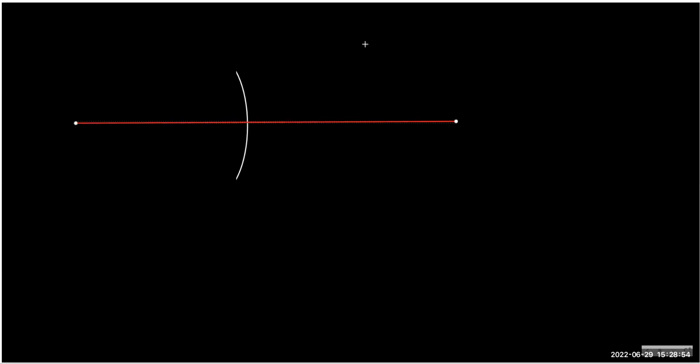So imagine we have again a mirror, and imagine this mirror is oscillating with a very small amplitude, x equals a sin omega t.